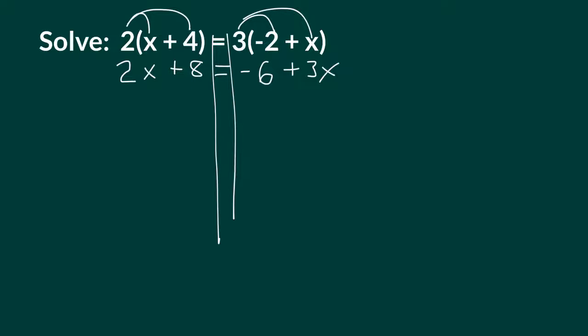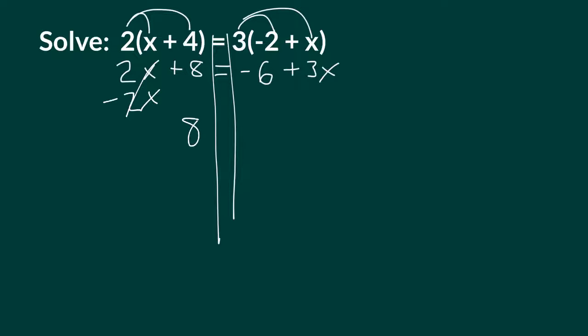So the next step after that is to move the variables to one side of the equation. I have 2x and 3x. I generally like to move the smaller coefficient over towards the larger one. That way I tend to work with positives. So I'm going to subtract 2x, because 2x minus 2x will become a 0, which will leave this side 8.